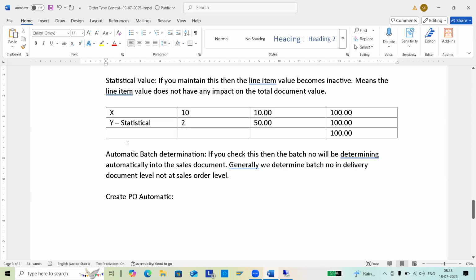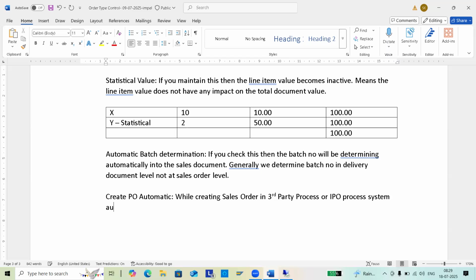Can anyone tell me? While creating a sales order in the third party process or IPO process, the system automatically generates a PO.